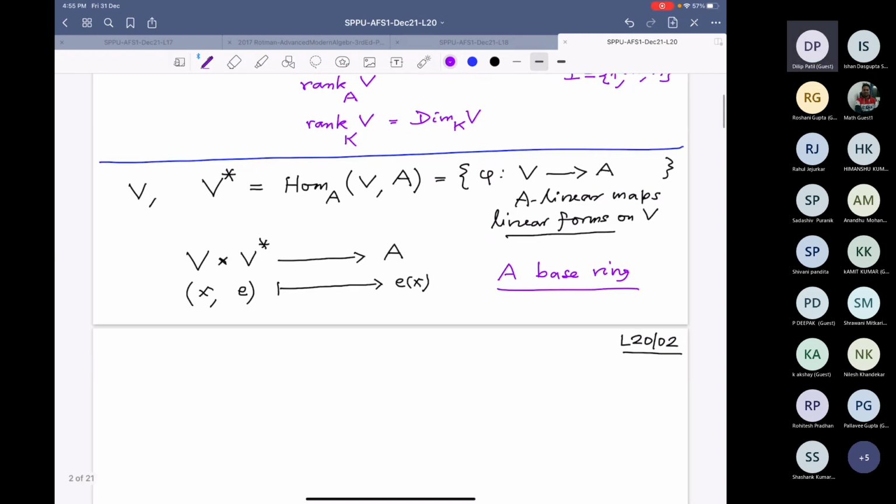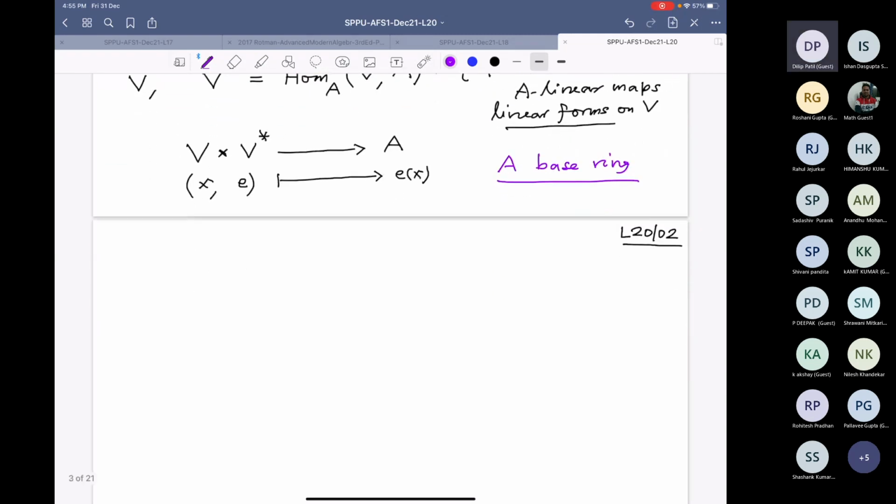So, the main thrust will be, when you talk about a field, I will talk about real numbers and complex numbers. And I will design my definitions and statements so that I want to prove in both the cases together, though they are different.